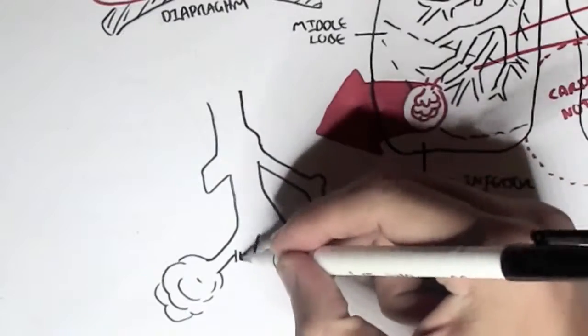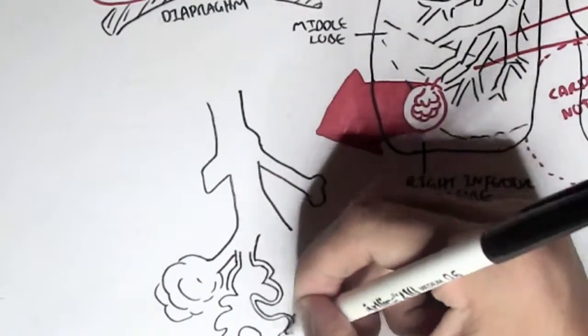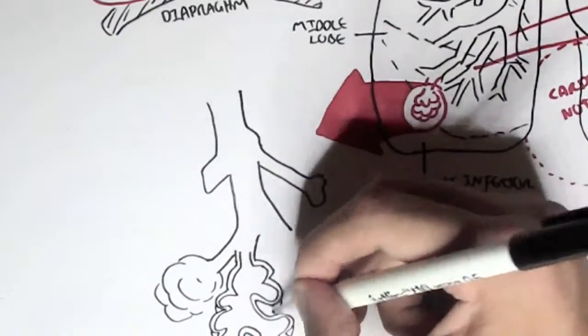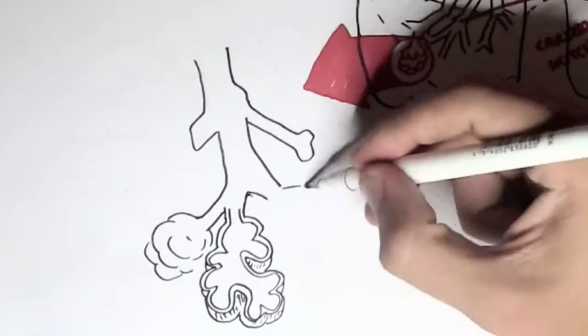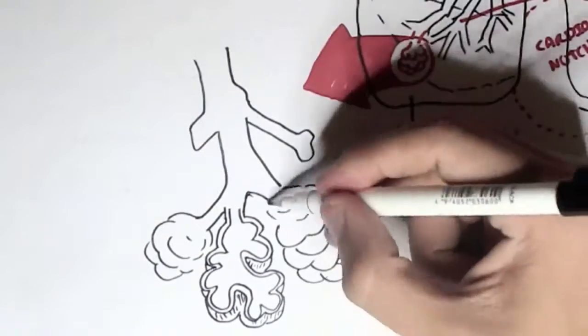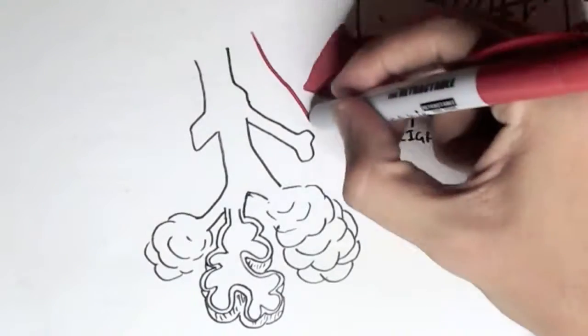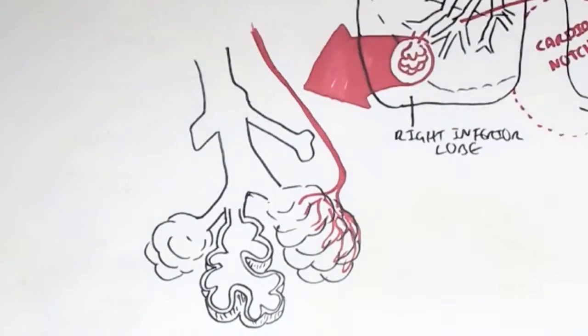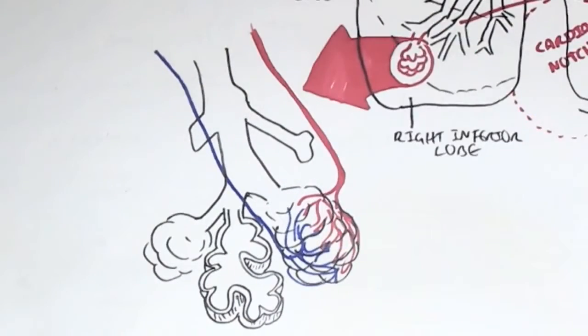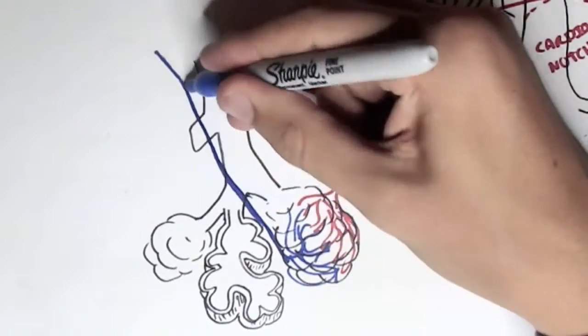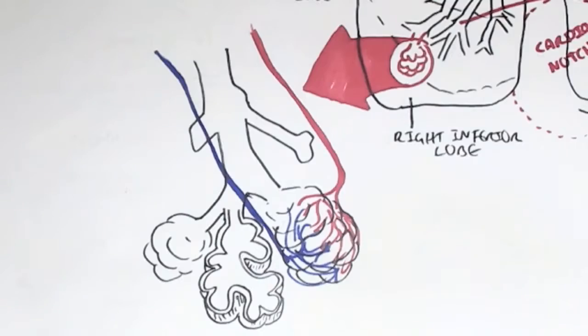So let's just zoom into this alveolar duct and look at it in a bit more detail. Of course, to each of these alveoli sacs, we have blood vessels coming in and out. The blue coming in and the red going out.